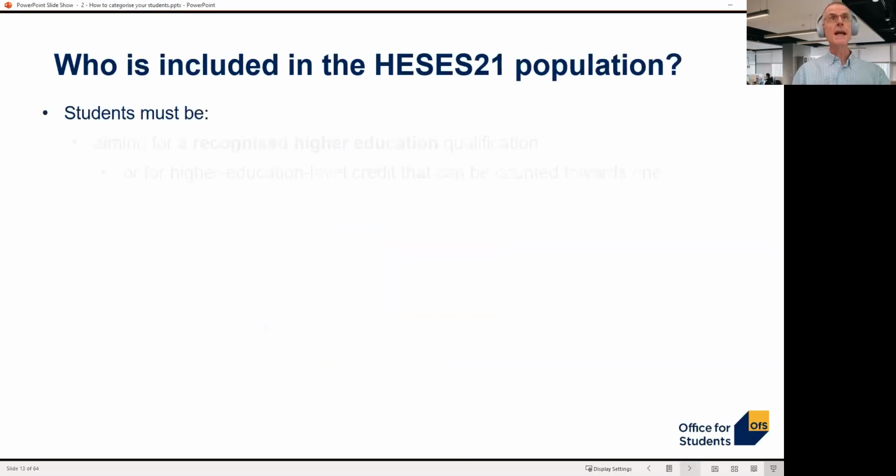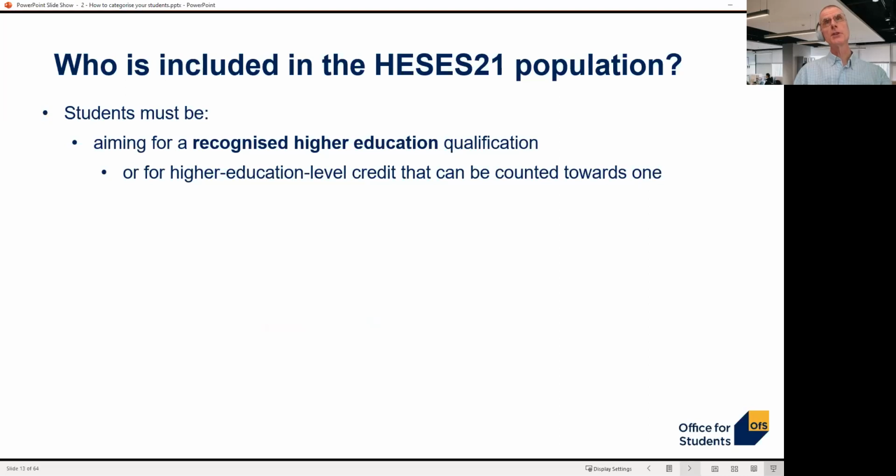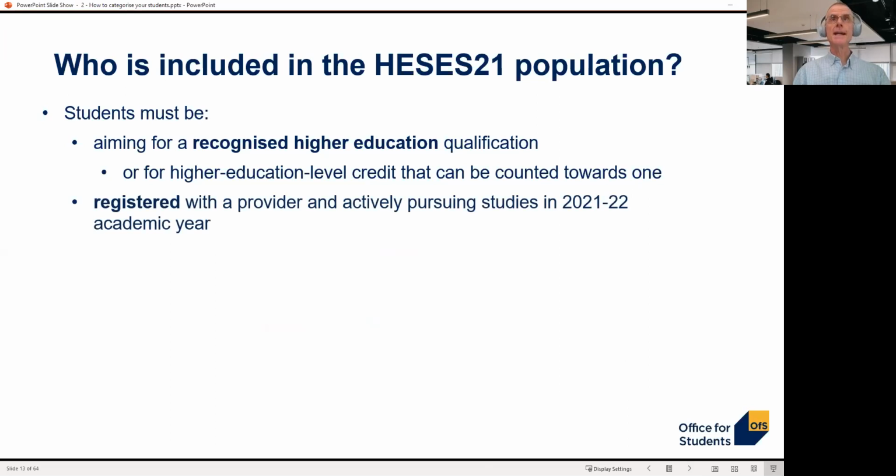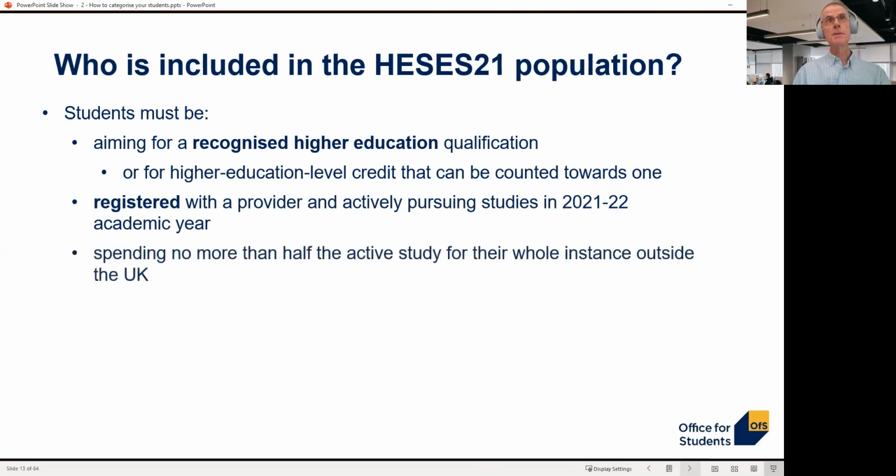So students must be aiming for a recognized higher education qualification or for higher education level credit that can be counted towards one. They've got to be registered with a provider and actively pursuing studies in the 21-22 academic year. And they must be spending no more than half the active study time for their whole instance outside the UK.